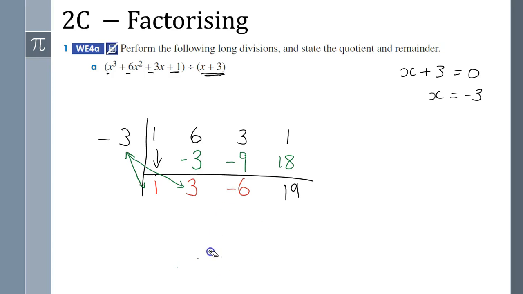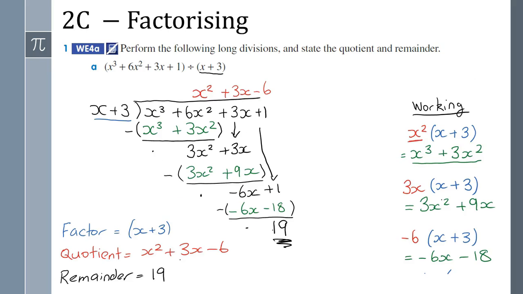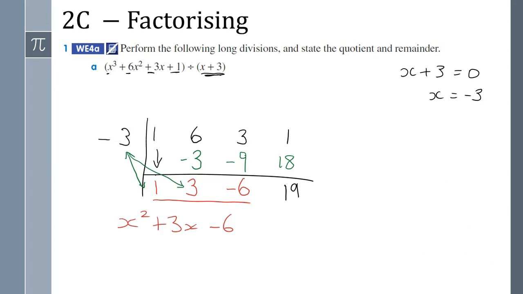So it doesn't really tell us much at the moment, but it's actually given us all the answers that the last example did. So you've got your quotient here. It's x squared plus 3x minus 6. And you can see from the last slide, we've got the same thing. It's this bit up here. So that's our quotient there.